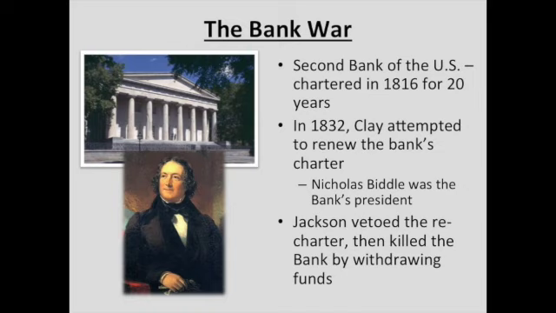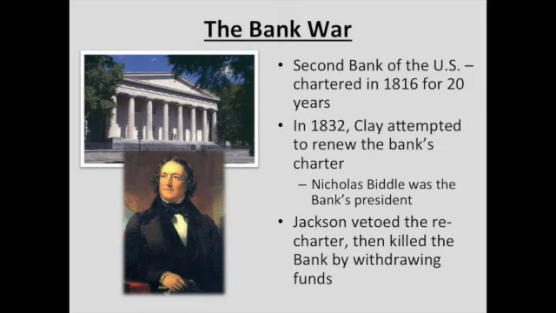In 1832, Henry Clay, who was running against Andrew Jackson for the presidency, these two really, really hated each other, by the way, convinced the president of the National Bank, Nicholas Biddle, whose picture you see there, to go ahead and try to renew the bank's charter early to get a second 20-year charter for the bank to exist and operate.